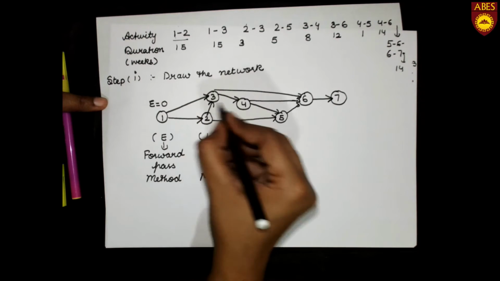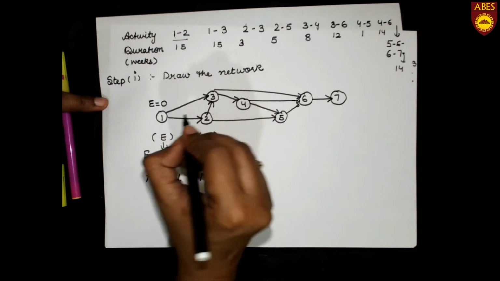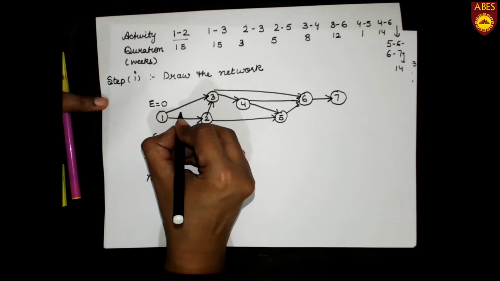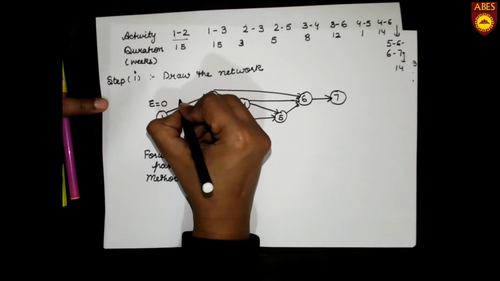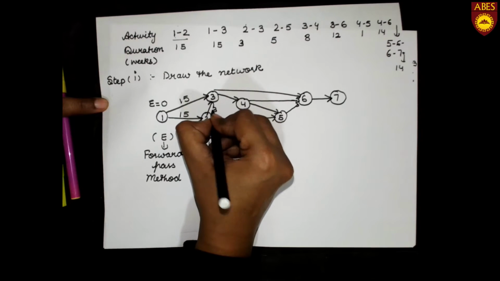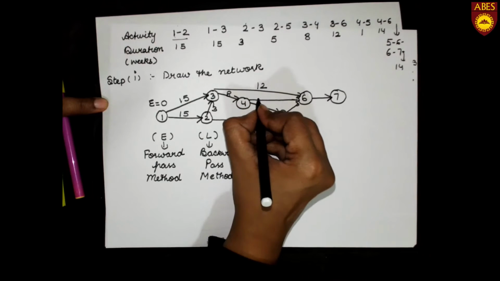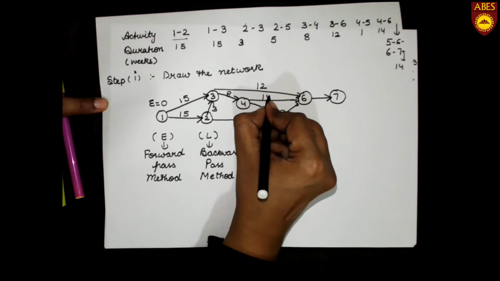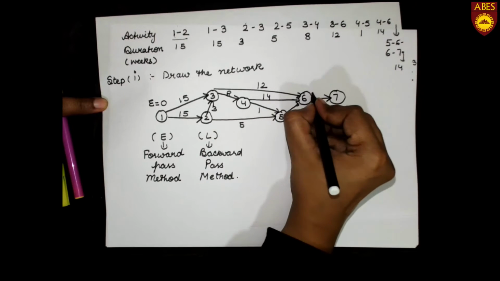Since we have not written the duration over here, first of all, we will write the duration. 1 to 2 will take 15 weeks. Next, it is also 15 weeks. This is 3 weeks, 8 weeks, 12 weeks, 14, 1, 5, and this is 14.